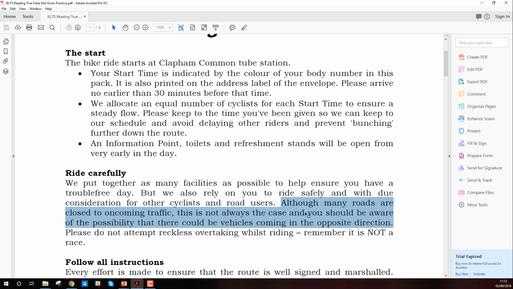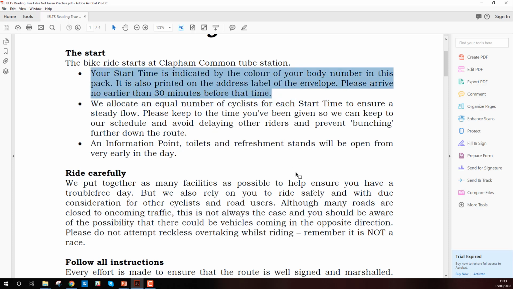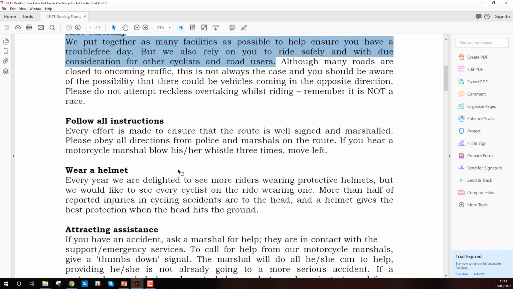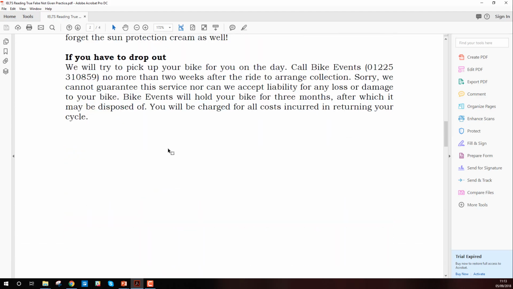This is the location of the third answer, here. The location of the first answer was here. Because the answers are in the same order as the text, the second one is somewhere here. So we can focus just on this area to confirm that this is not given. If that makes sense? If it doesn't make sense, let me know.